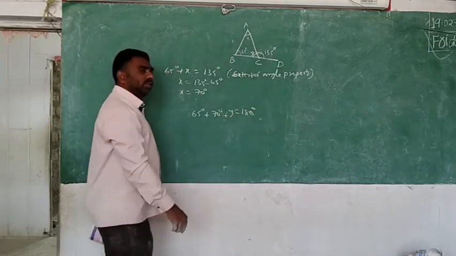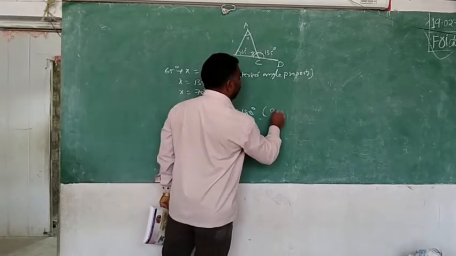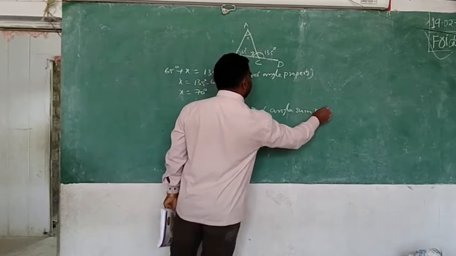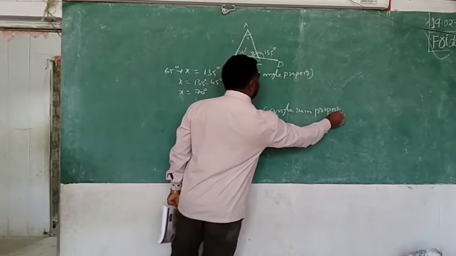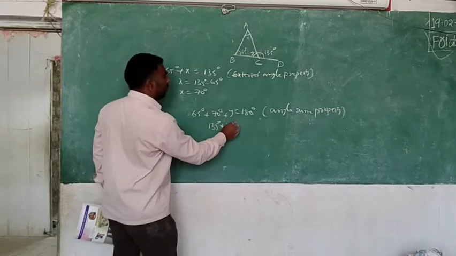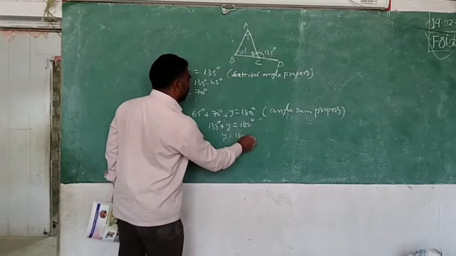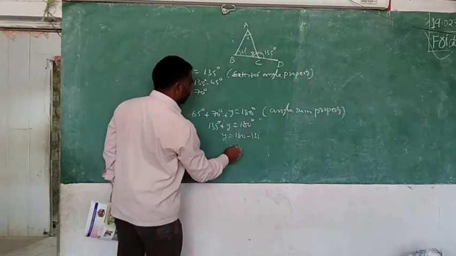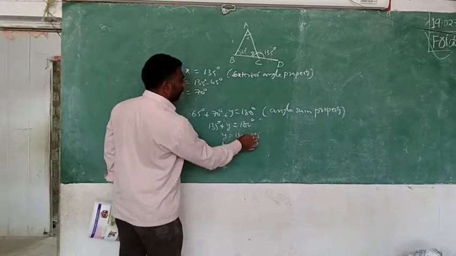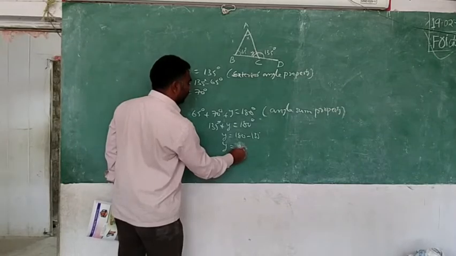That is the angle sum property. So it is 135 plus y is equal to 180. Y is equal to 180 minus 135, which is 45.